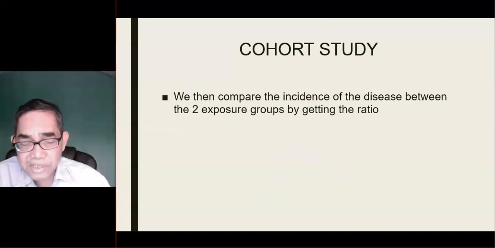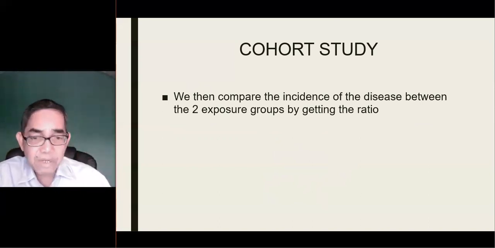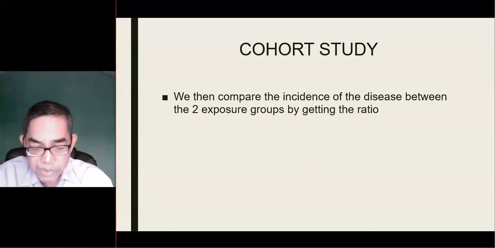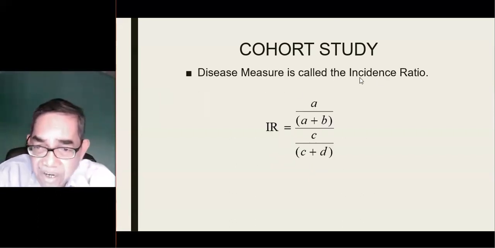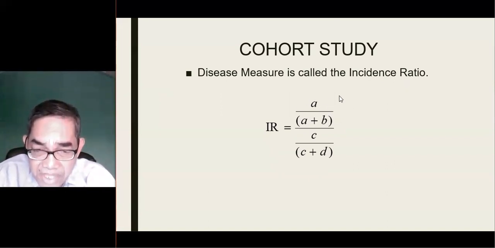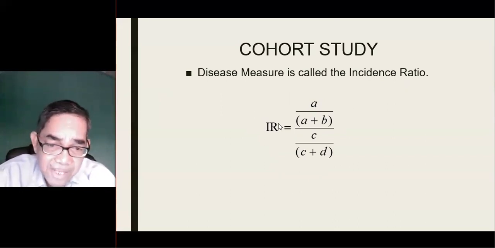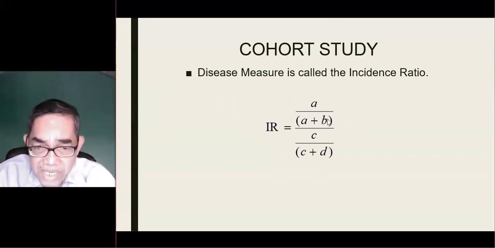And then just as in a prevalence of the disease, we compare the incidence of the disease between the two exposure groups by getting the ratio. And then we call that ratio the incidence ratio. So we have here the numerator, the incidence ratio, very much like the formula for a prevalence ratio. This is the incidence of the disease among the exposed.